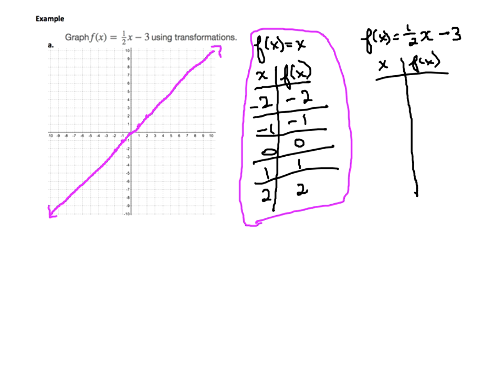The first thing I have to do is show my compression of my x values. So what I'm going to do is I'm going to multiply every single one of my original x values from my toolkit function by that 1/2. So every single one of them gets multiplied by 1/2.